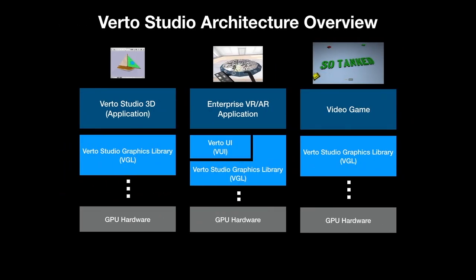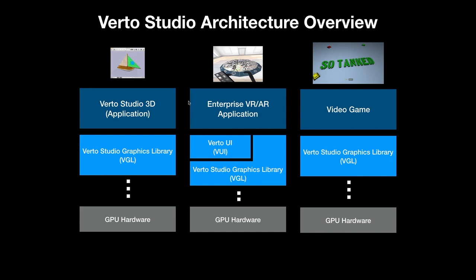So we're going to end with just some quick examples of three separate application types that can run on the Verto Studio graphics library. We have the flagship application, Verto Studio 3D, which is the modeling program I talked about. That is written against VGL.